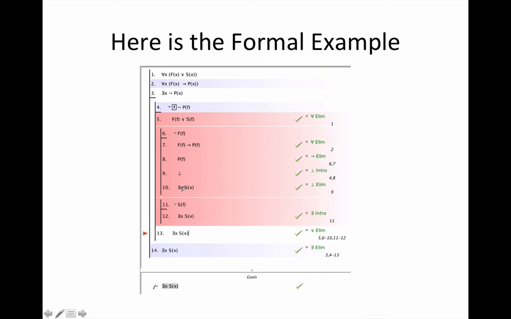Another way to think of this setup is as follows. Recall that when you set up existential elimination, 99 times out of 100, the conclusion of your argument is the conclusion of the structuring subproof, the existential elimination subproof.